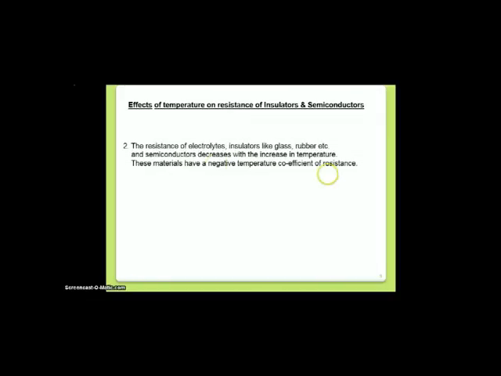On the other hand, if you have some insulators or semiconductors, their relationship is opposite. Their resistance decreases with an increase in the temperature. These materials have a negative temperature coefficient of resistance.